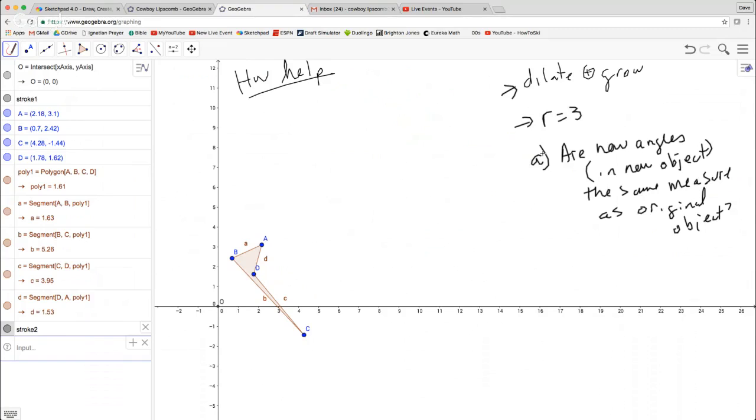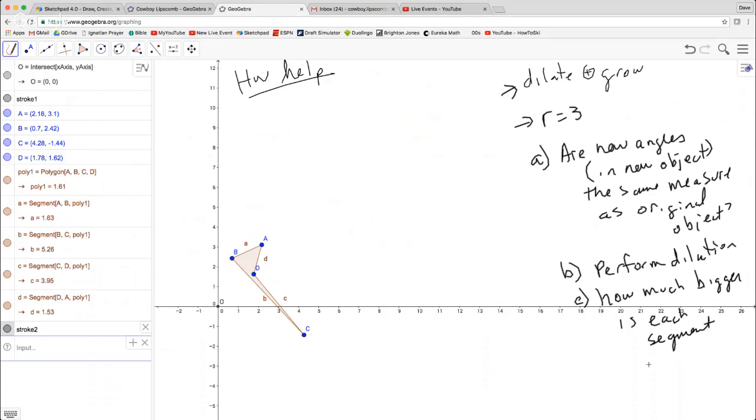And you can answer that before you even do it. B is to perform the dilation. And C is how much bigger is each segment than the original segment?